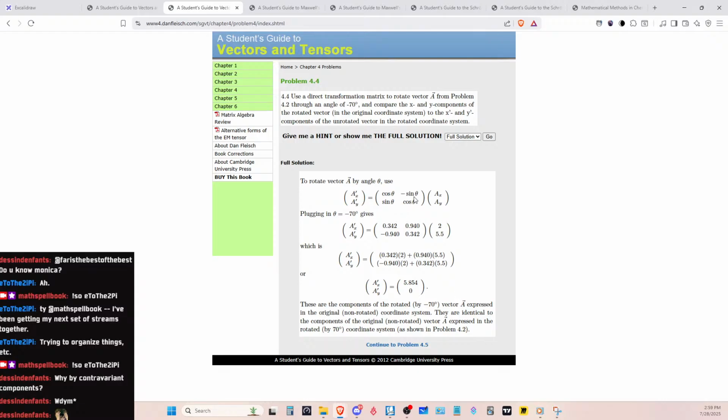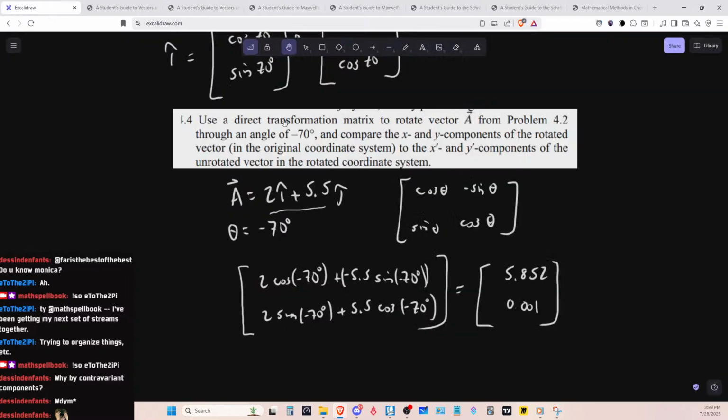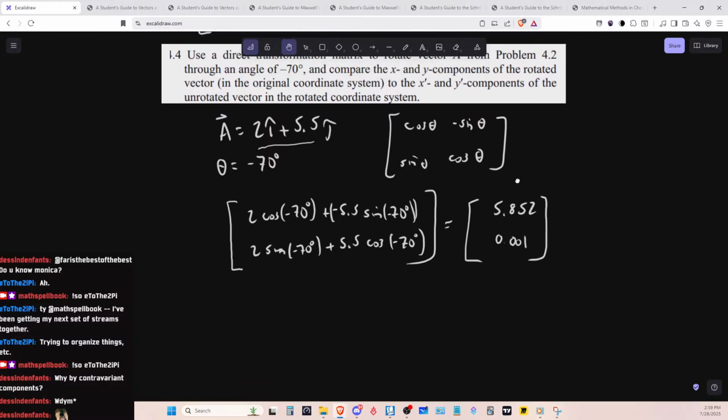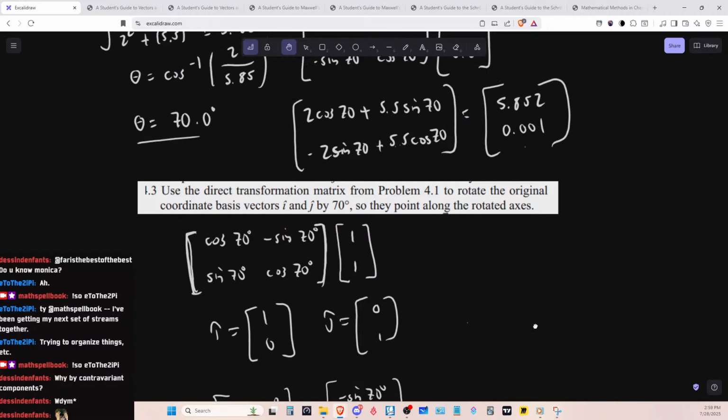So the way they wrote it, yeah, we did the same thing. Yeah, they look the same. I wonder if that has something to do with some sort of symmetry.